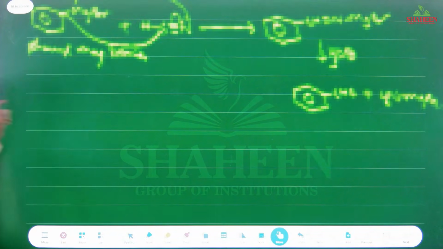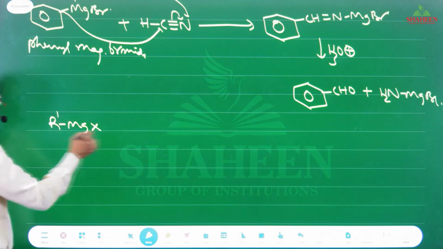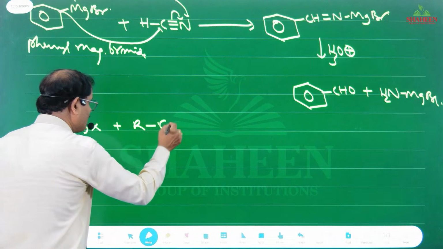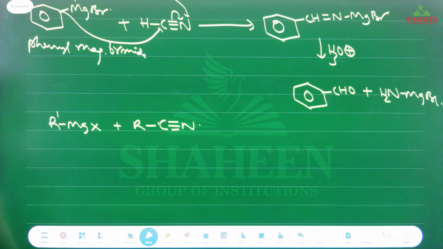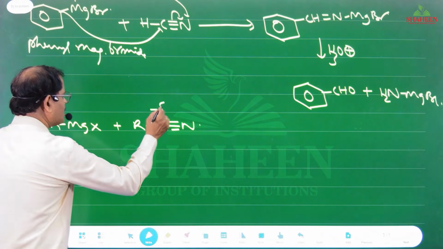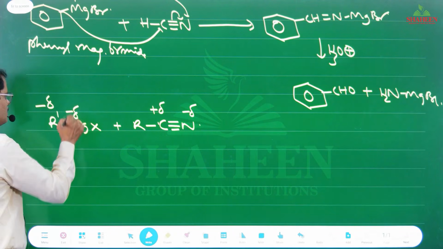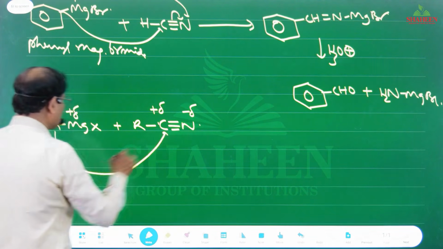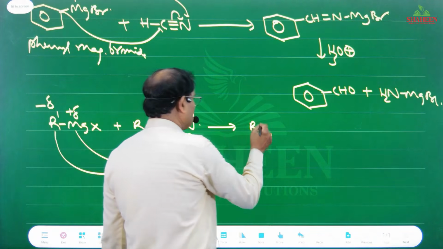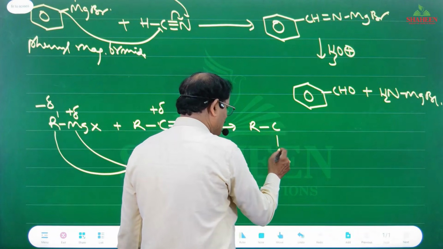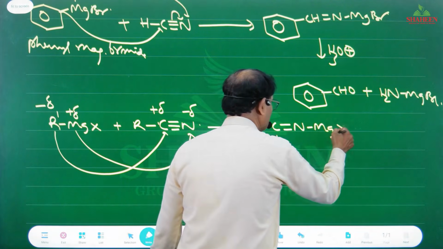Similarly, when any cyanide other than hydrogen cyanide, meaning any alkyl cyanide, is taken here, the same partial positive, partial negative: the negative is attached with the positive and the positive with the negative. So we have R C, R dash double bond N MgX.